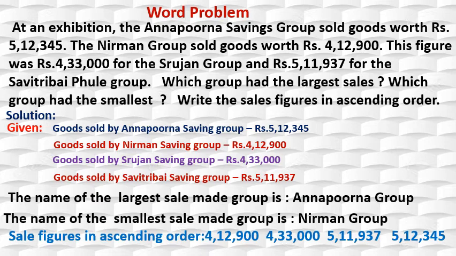Sale figures in ascending order. First one is 4,12,900, then 4,33,000, then 5,11,937, then last one is 5,12,345. Got this?